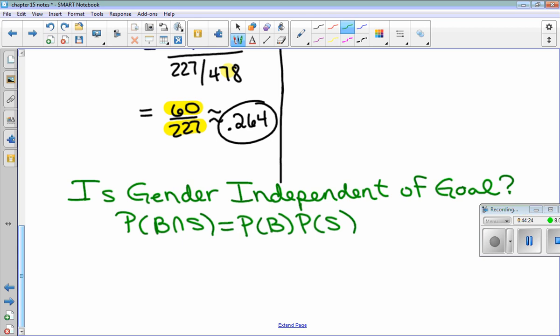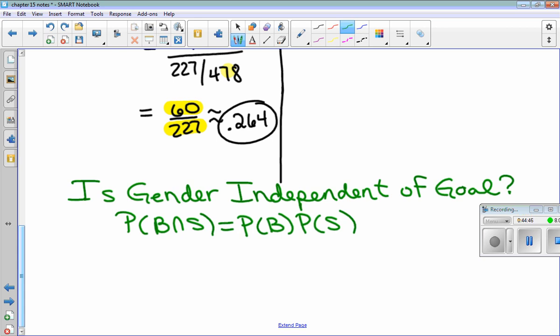If it is not true, they're dependent. You could have picked any combination, like girls and popular, or girls and good grades. Any of those would be fine.